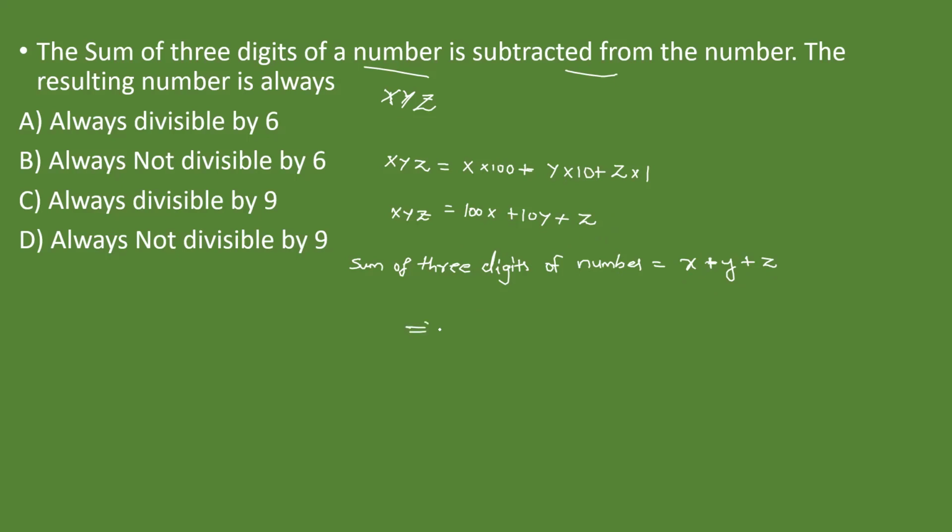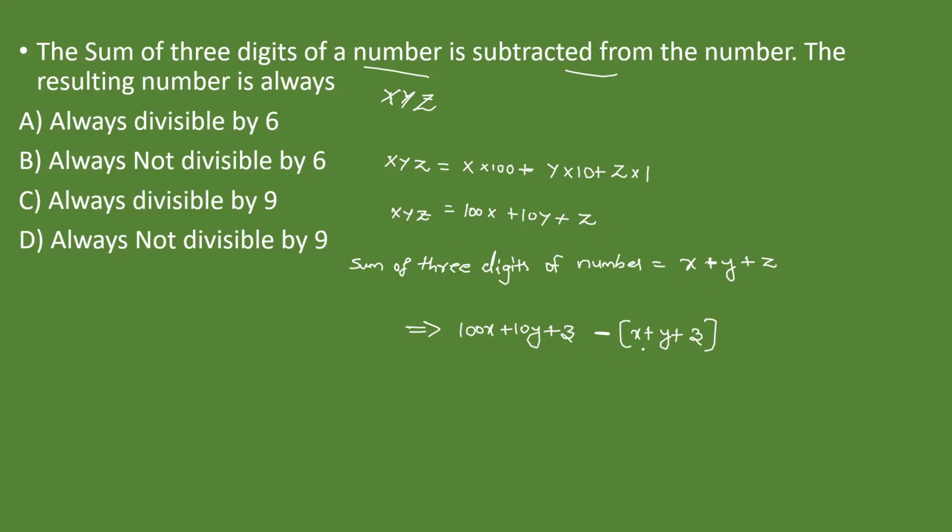That means he is doing 100x plus 10y plus z minus x plus y plus z. This is the three-digit number and this is the sum of the three digits of the number.